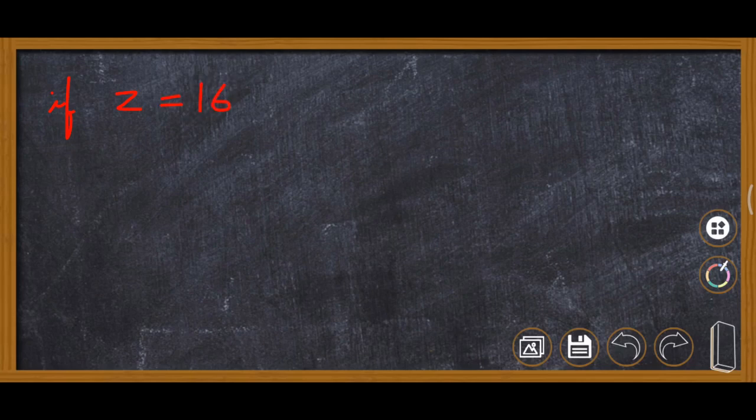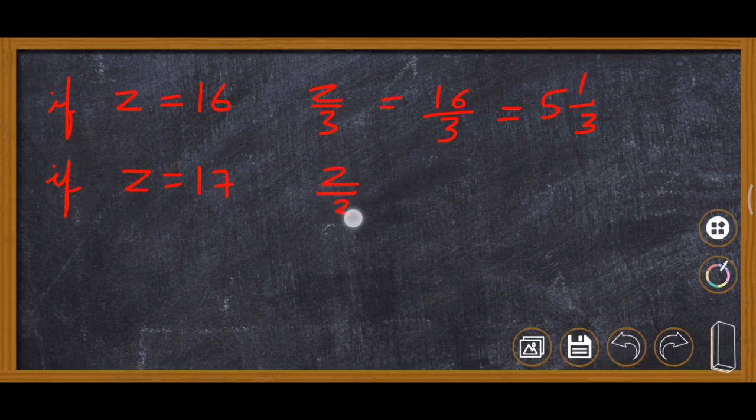Now when z is equal to 16, then z upon 3 is equal to 16 upon 3, which is 5 whole 1 upon 3. Now if z is equal to 17, then z upon 3 is equal to 17 upon 3, or we can say 5 whole 2 upon 3.